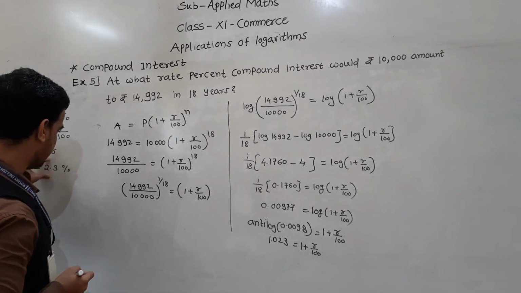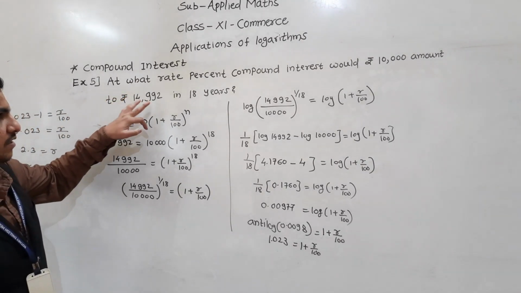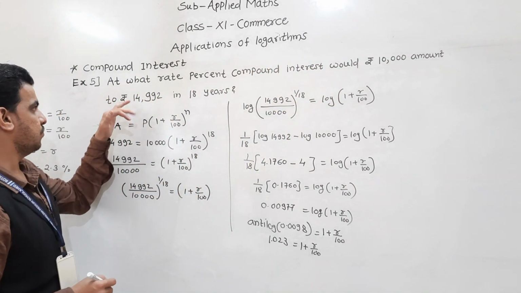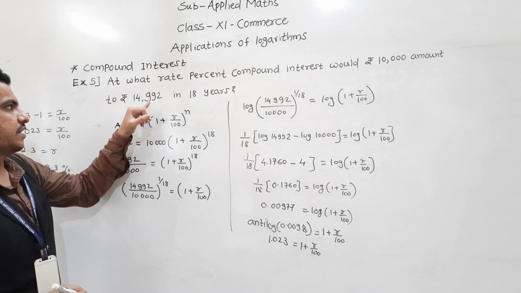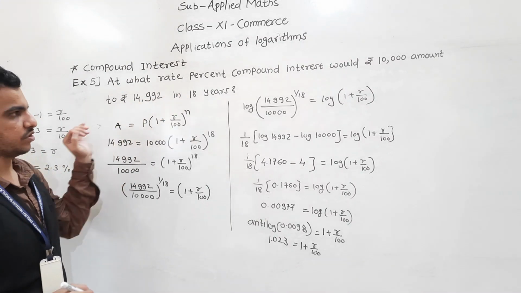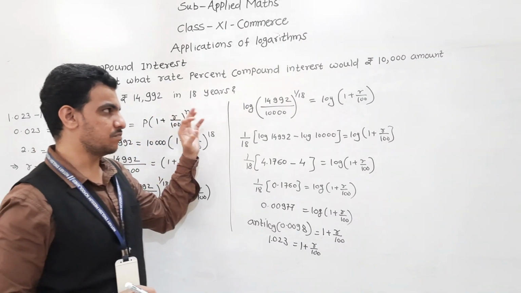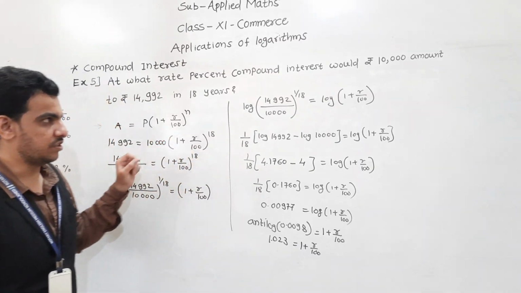If we use rate 2.3%, then 10,000 amount will give 14,992 in 18 years. Okay, understand this. Now for more practice, solve the examples in the given worksheet.